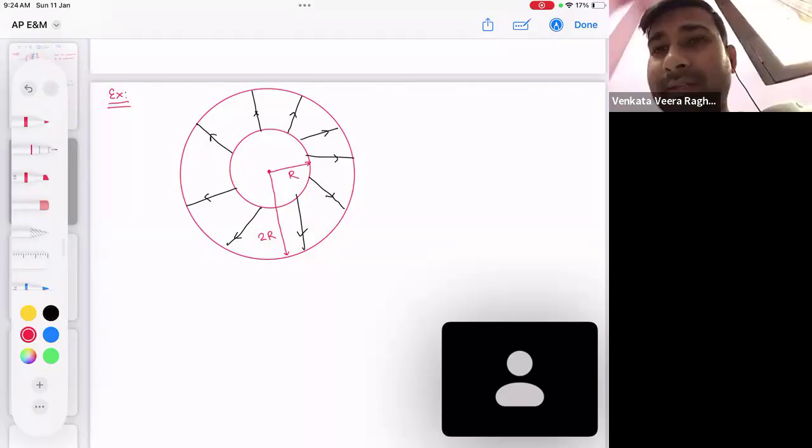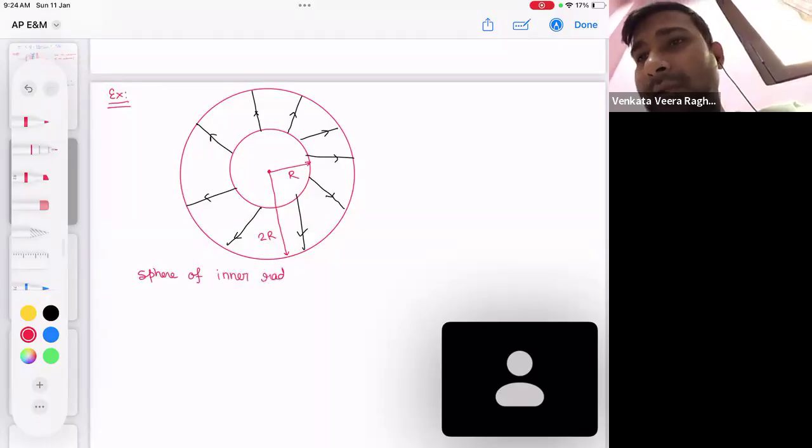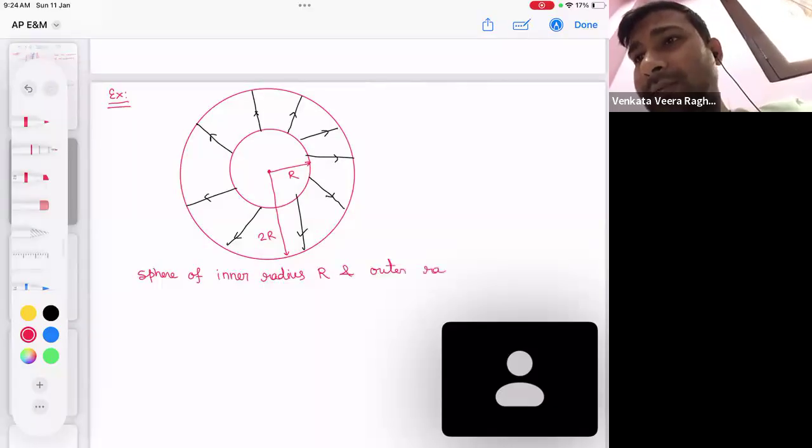This is a sphere, not a circle. A hollow sphere of inner radius r and outer radius 2r.